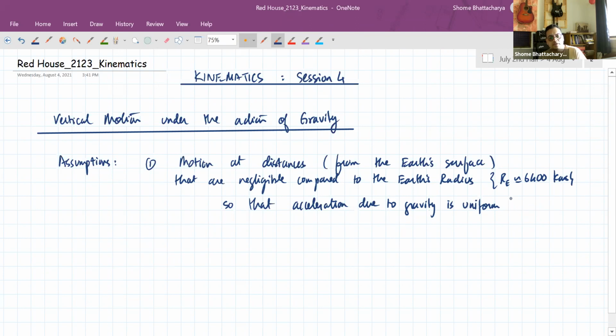And the second, so that acceleration due to gravity typically has a value like this, or sometimes we approximately take it as 10 meters per second square in all numerical problems.